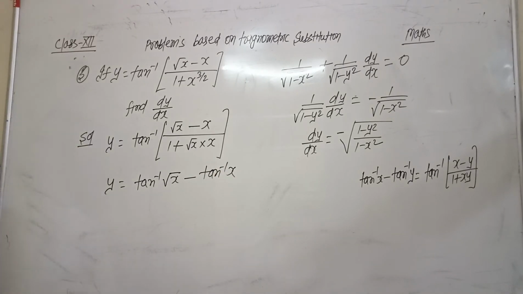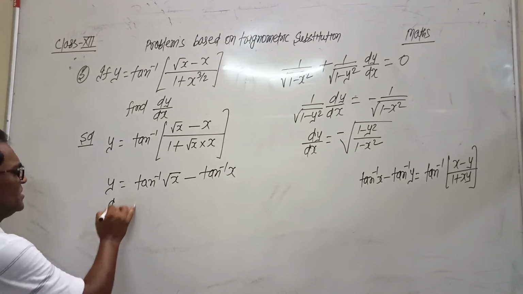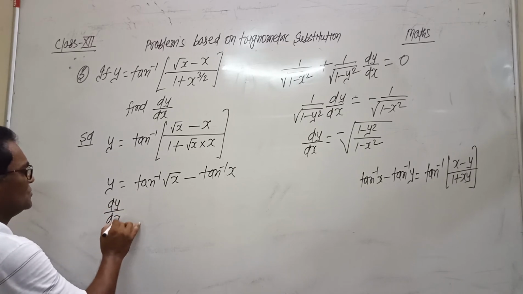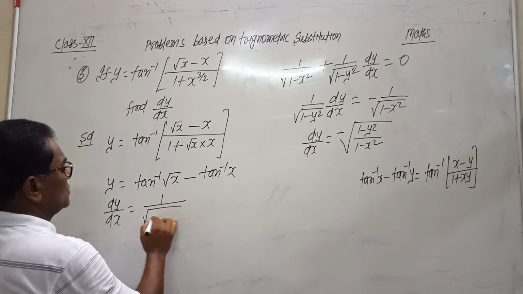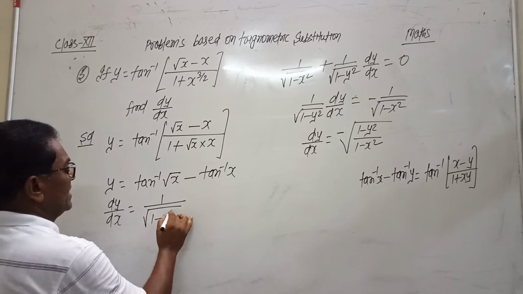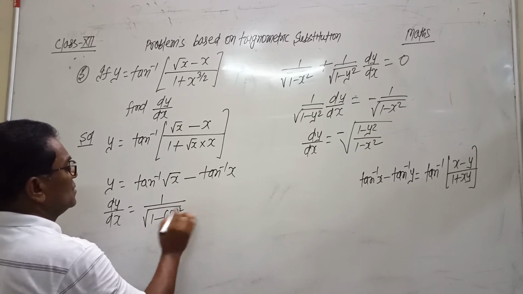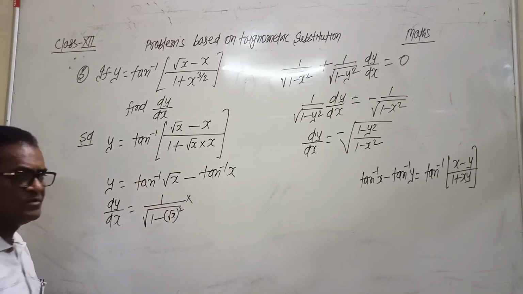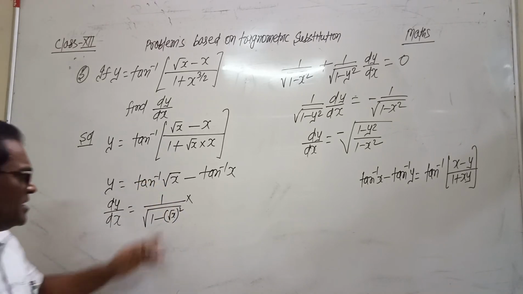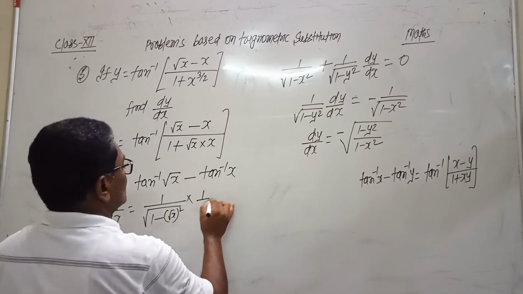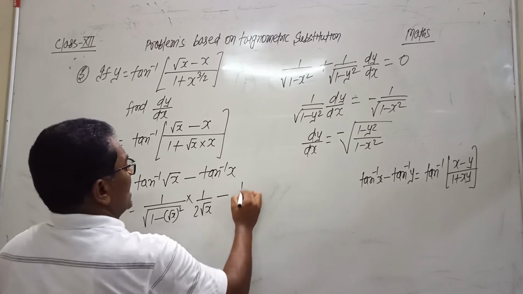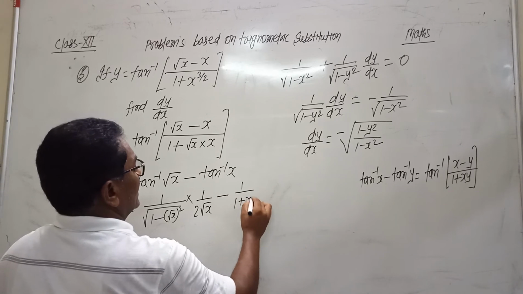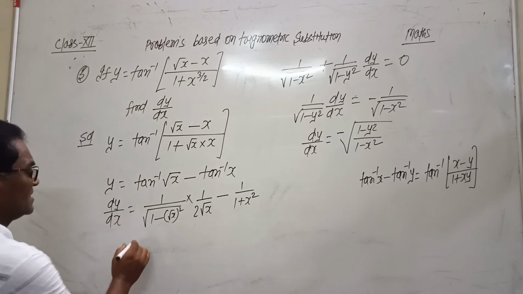Now we will differentiate with respect to x. So dy by dx equals differentiation of tan inverse root x, which is 1 upon 1 plus root x the whole square, and then differentiate root x. Differentiation of root x is 1 upon 2 root x, and differentiation of tan inverse x is 1 upon 1 plus x square.